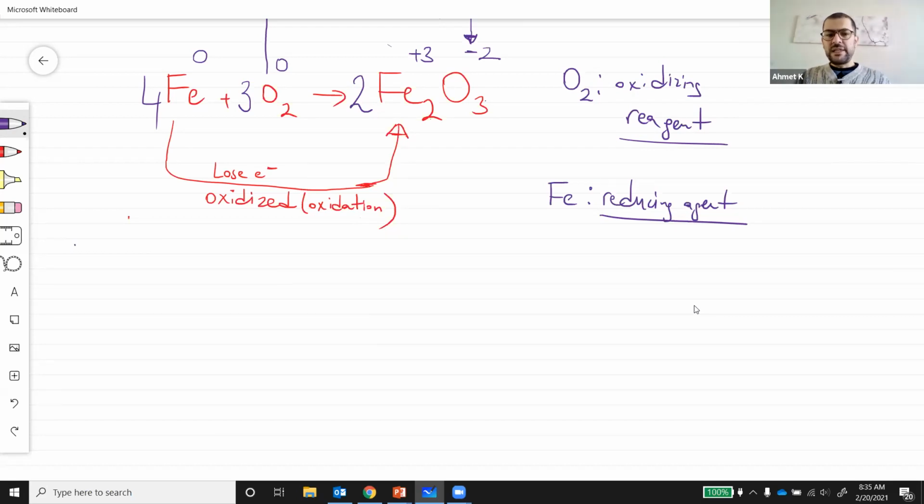Okay, so here's the reaction, and I'm just going to write it down as aluminum plus oxygen gas, producing aluminum oxide. You should be able to write the formulas of all of these right now.